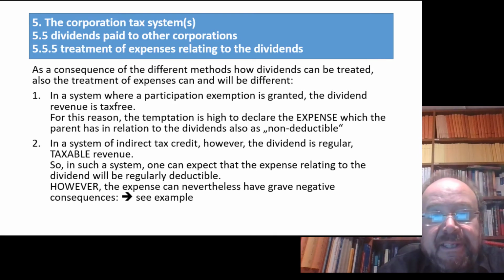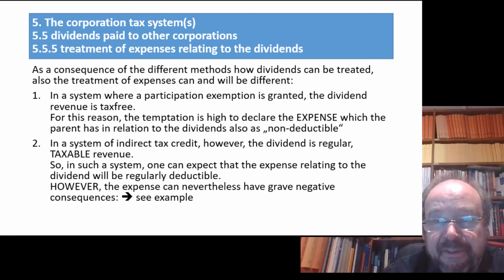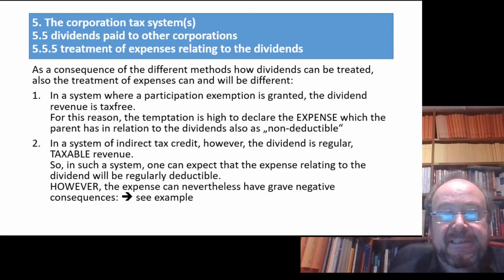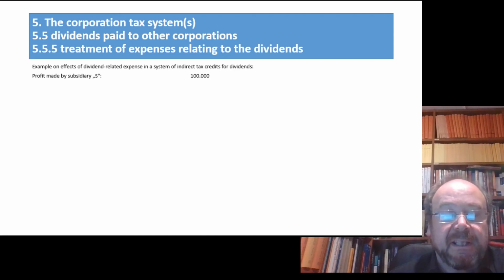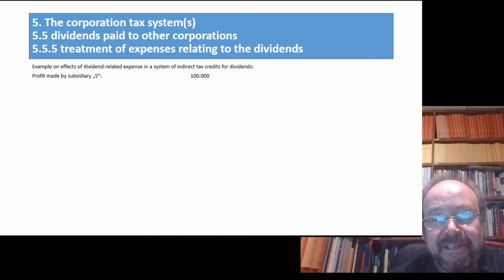The other alternative is if we have an indirect tax credit method, then the dividend is regular taxable revenue. In such a system, you have no convincing reason to ban the deduction of the corresponding expense. However, the expense can nevertheless create problems. I show you how. Imagine you have an indirect tax credit system, so you live in an Anglo-Saxon country with a traditional legislation.